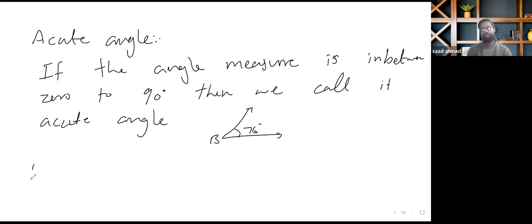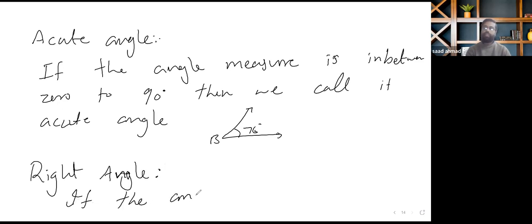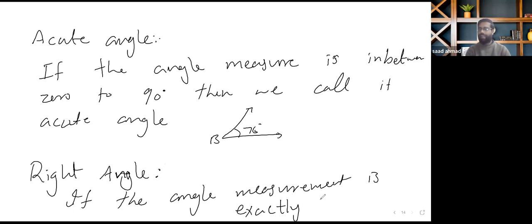Then comes the right angle. A right angle is if the angle measurement is exactly 90 degrees.